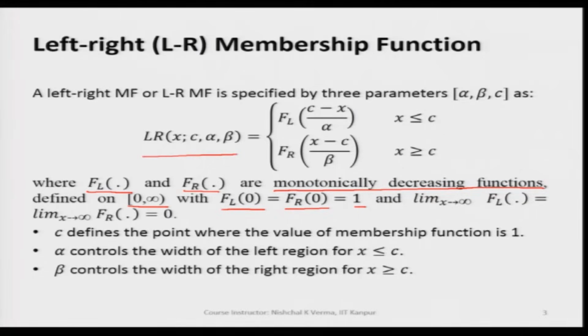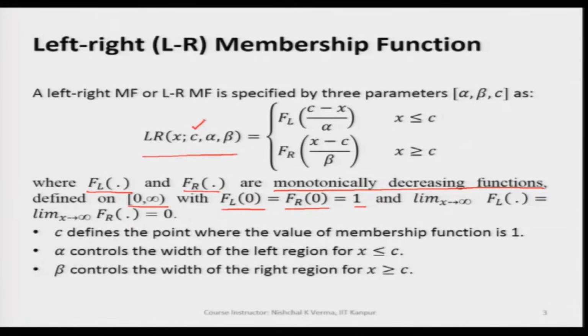Here these 3 parameters C, alpha, beta are basically the parameters which determine the shape of the left right membership function.